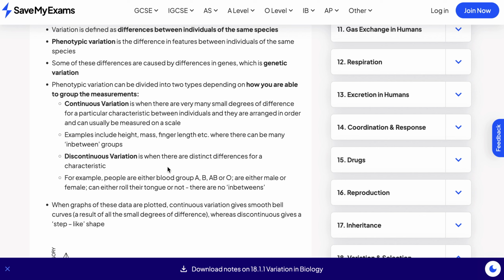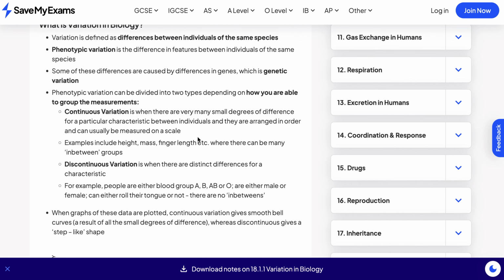So continuous variation is when very many small degrees of difference exist between the organisms. Maybe the heights of people in the same class, almost the same age, where you find the height differences very insignificant. So this is a continuous variation.